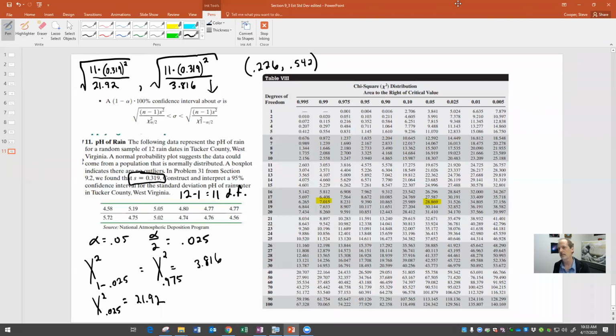Okay, so that's a summary there of confidence intervals for standard deviation. So we've estimated proportions, we've estimated means, and now we've estimated standard deviations. And yeah, I guess that's all I want to say about that.